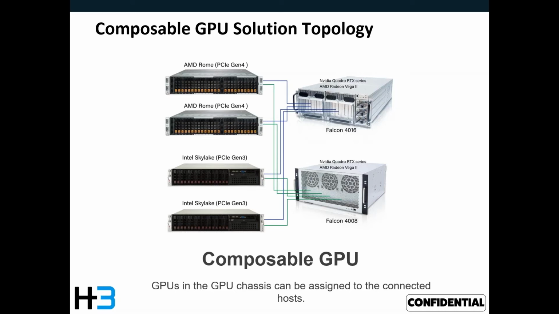And through this dynamic provisioning, GPUs can be repeatedly shared across different designers and rendering artists to meet the changing workloads at any time. And during the GPU resource allocation and reallocation, all the servers and GPU chassis can stay online, as there's no need to reboot any systems. We can add or remove the GPUs on the fly.